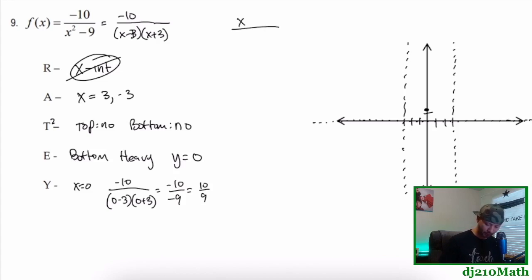So when x is equal to 1, we get negative 10 over 1 minus 3, which is negative 2, times 1 plus 3, which is 4. And this is going to be negative 10 over negative 8, which is basically positive 5/4, which is 1.25.